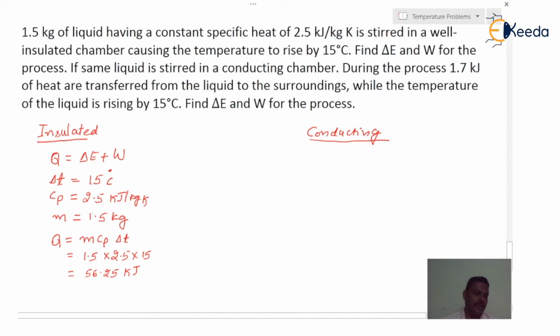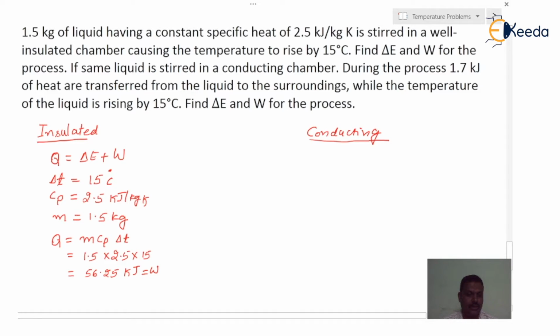Since there is no heat interaction, the Q that is added is equivalent to W. Here work is done on the system. So let us substitute the values into this equation.